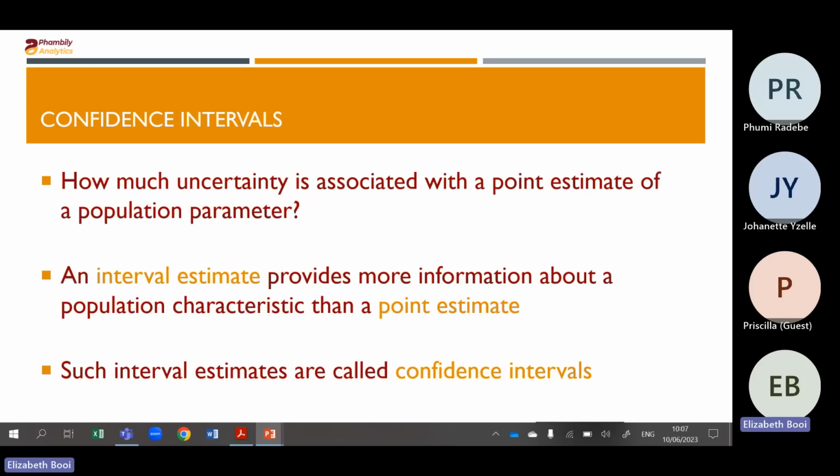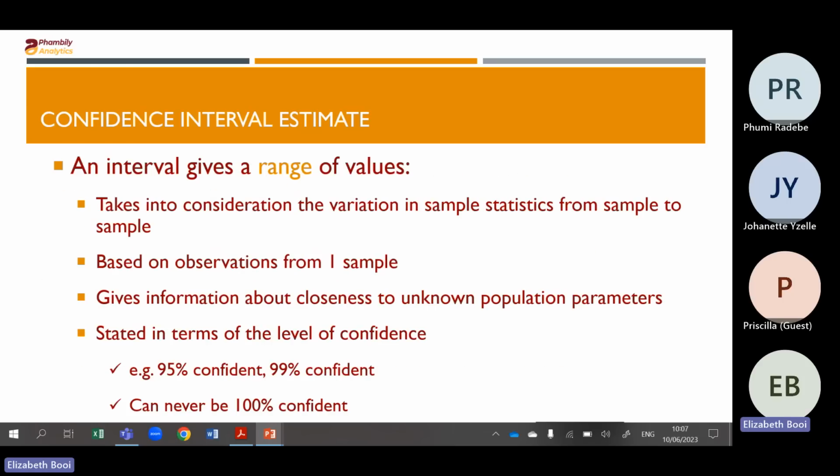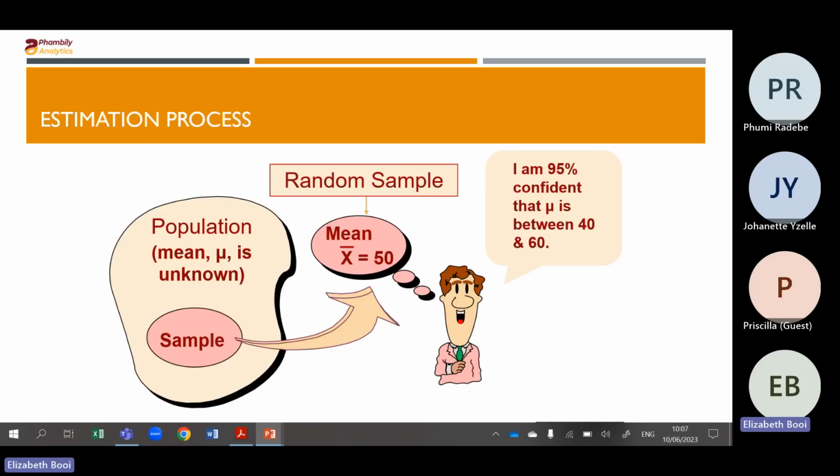And we also learned that confidence interval is a process of estimating the value of your population parameter, your population mean.